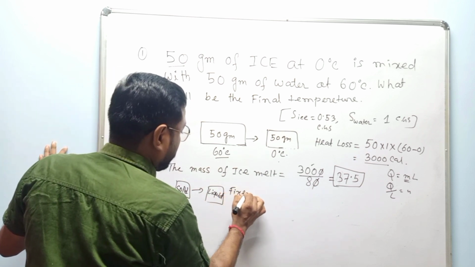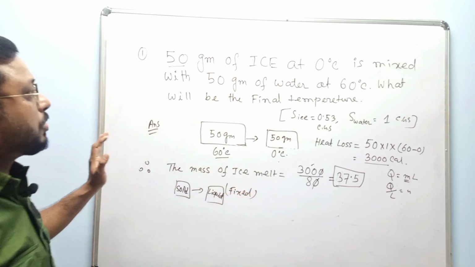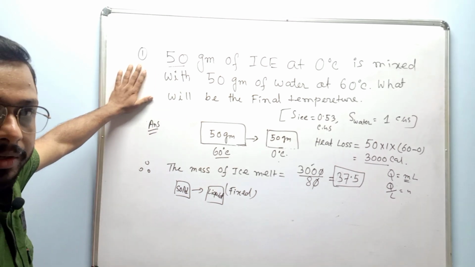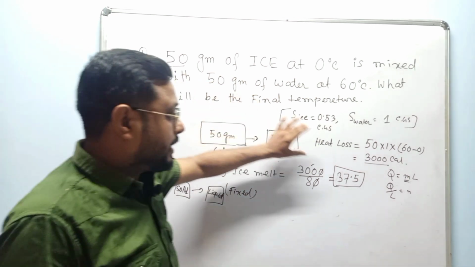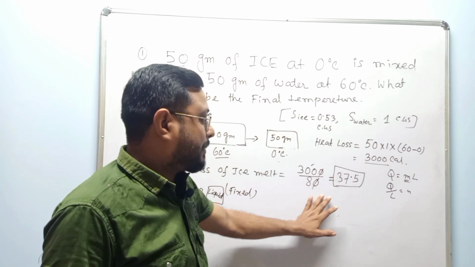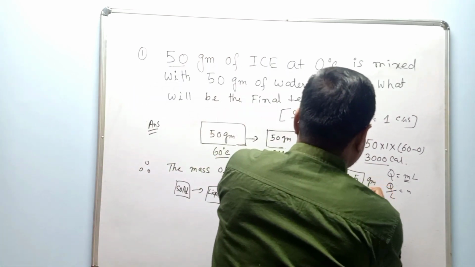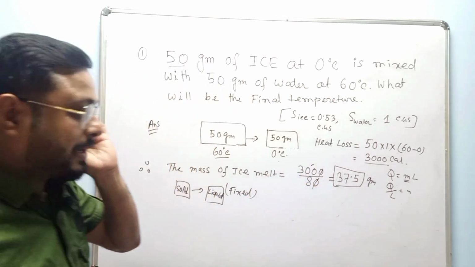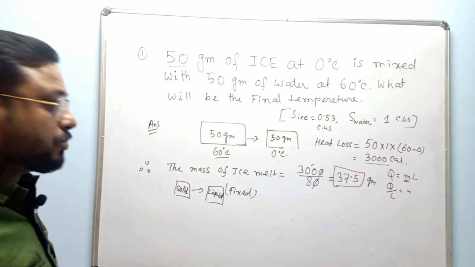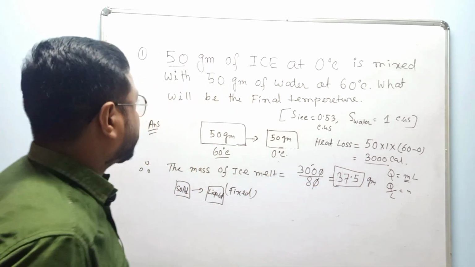So the whole ice is 50 gram, but by taking heat from water, the amount of ice melted is 37.5 gram. So there is 12.5 gram ice still left to melt. So the temperature remains at 0 degree centigrade.